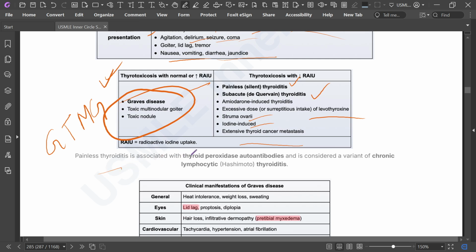Painless thyroiditis is associated with thyroid peroxidase antibodies and is considered a variant of chronic lymphocytic Hashimoto thyroiditis.